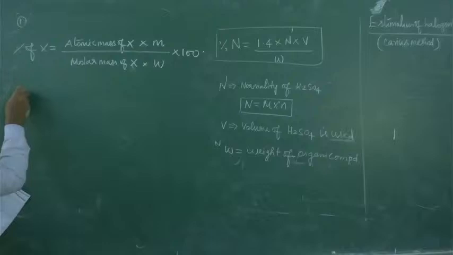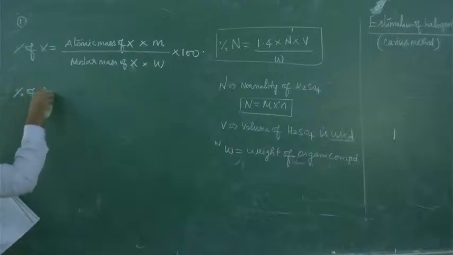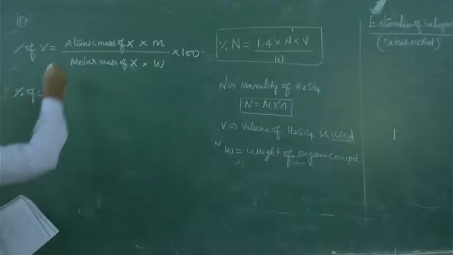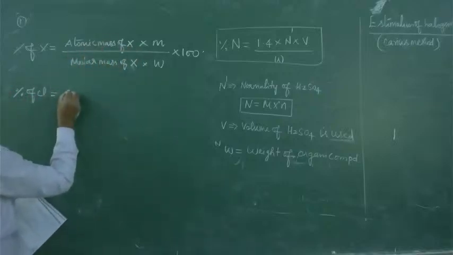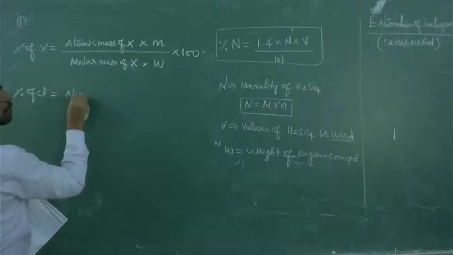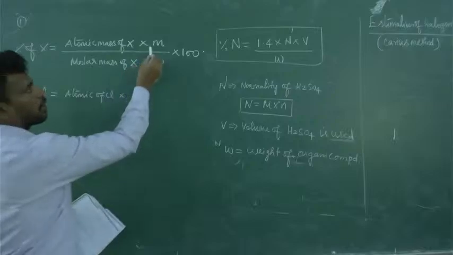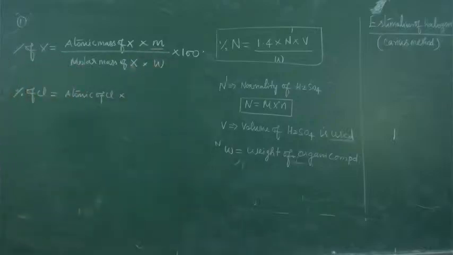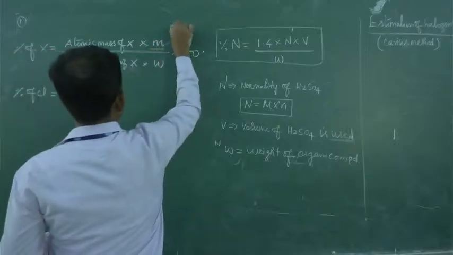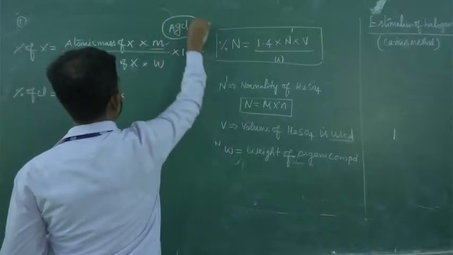Suppose you want to calculate the percentage of Cl, what formula do we use? Atomic mass of Cl into the mass of AgCl that is formed.